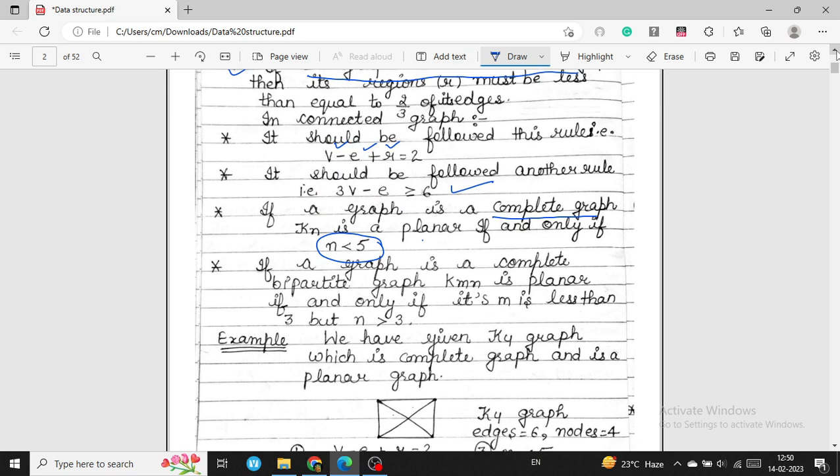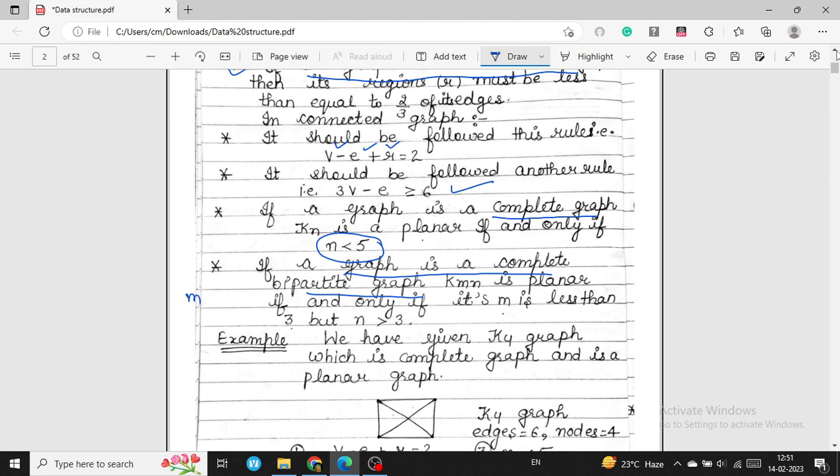And next, in the fourth point, if a graph is a complete bipartite graph, K(m,n) is planar, meaning the complete bipartite graph is a planar graph, if and only if m is less than 3 and n is greater than 3.